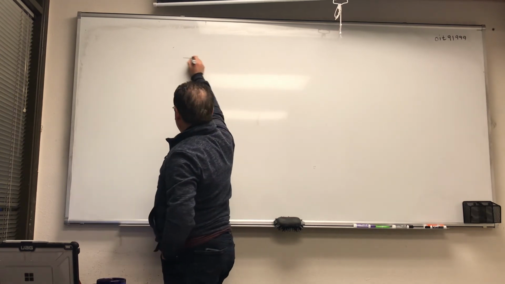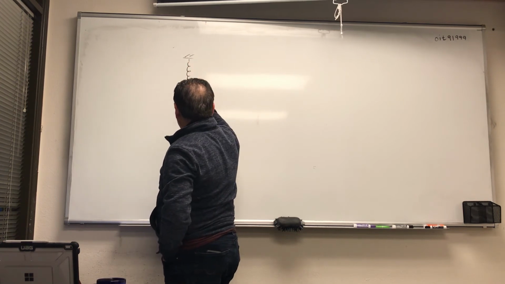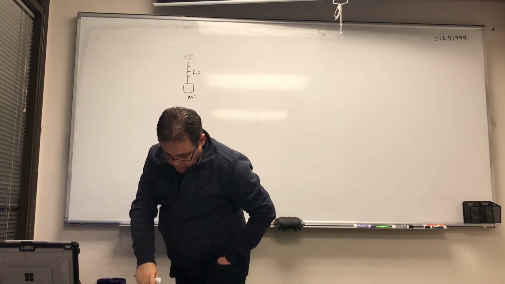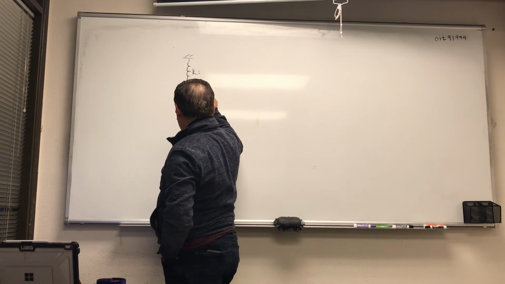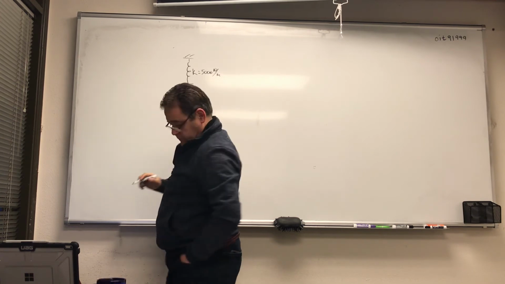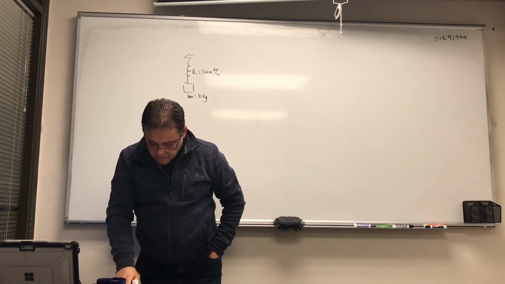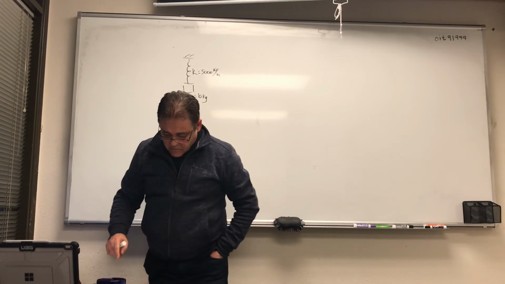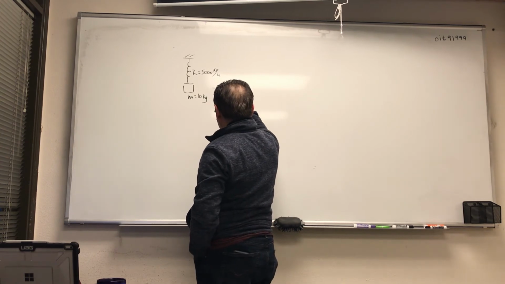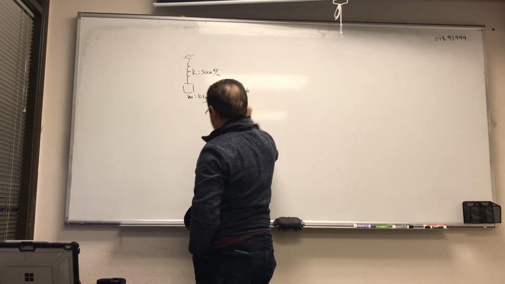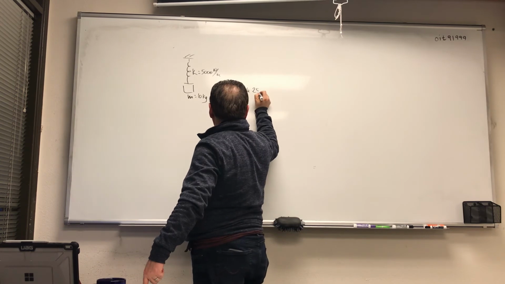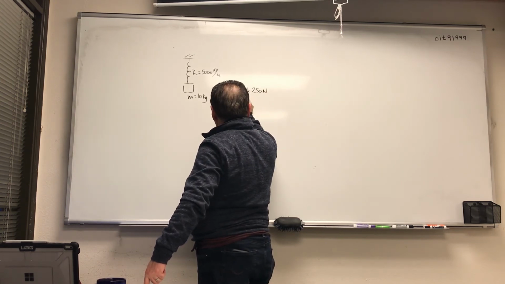So you got a spring mass again, where M is 10 kilograms, and K is 5,000 newtons per meter. It is subjected to harmonic force of amplitude 250 newtons and a frequency of omega.